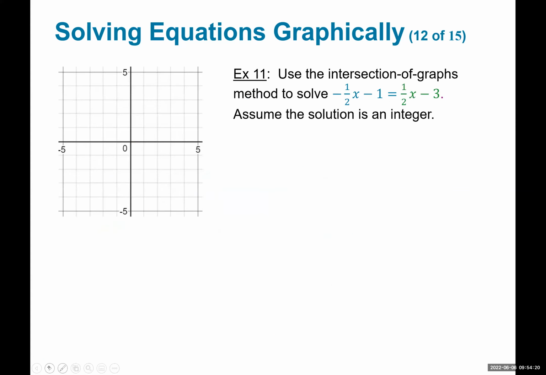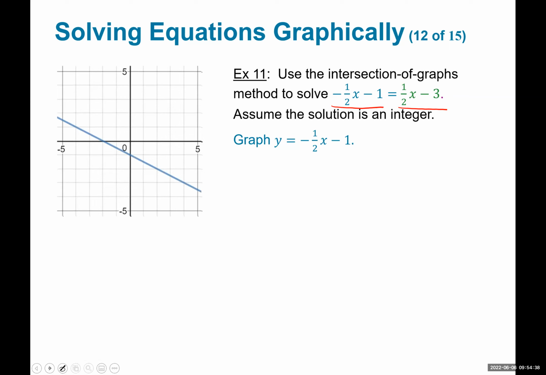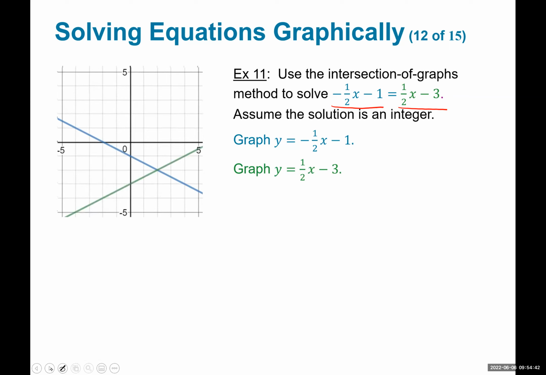Okay, example 11. Use the intersection of the graphs to solve this equation. We've got a left and a right side, so we're basically trying to graph both sides of the equation separately. We graph the first one, that's the blue one. We graph the right side, that's the green one. And we ask, where do they intersect?